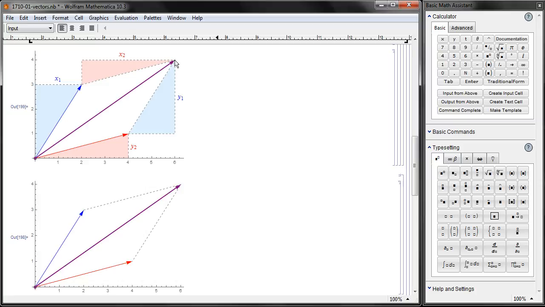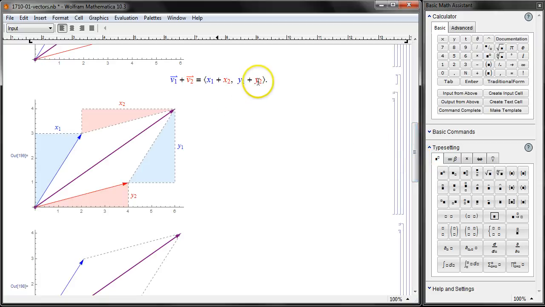How do I get that? It's the horizontal distance all the way from the origin, from the y-axis, and from this blue right triangle, x1, plus from this pink right triangle, x2. So this point is x1 plus x2. You can do the same thing with these two triangles. y2 plus y1 will be the new y-coordinate value.